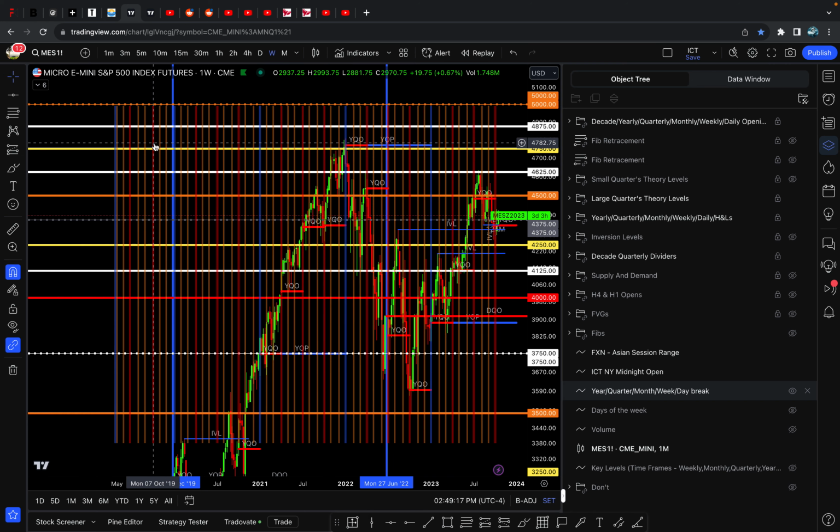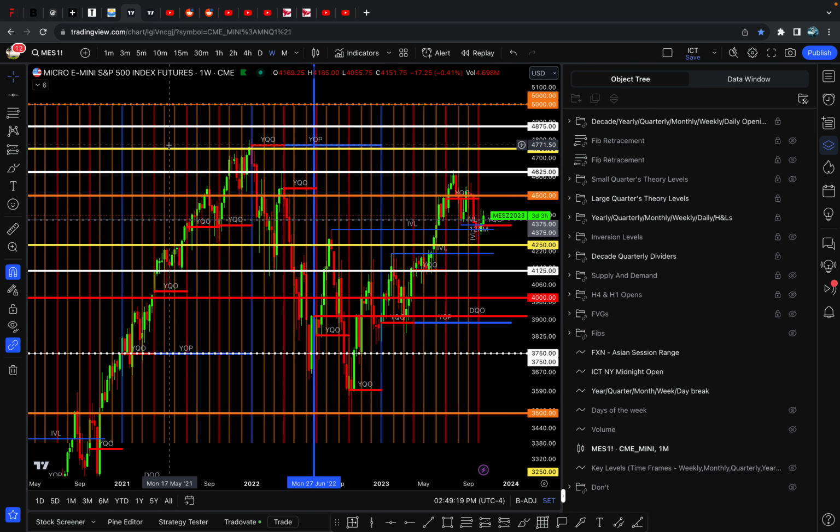That's a sensitive level, you know, and it looks like price just really didn't want to stick around up there, so it wants to get back down pretty quick. So what happened was, this is a big level.